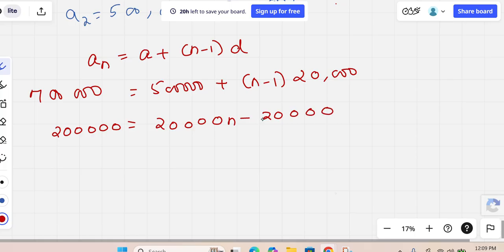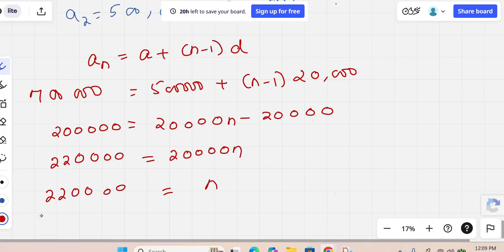Correct? Now 20,000 comes here, so this becomes how much? 2 lakh 20,000. Right? N is equal to, 4 zeros cut, N is equal to 11. It was not hard.